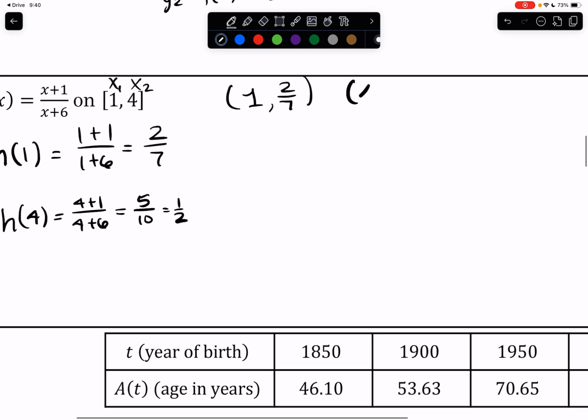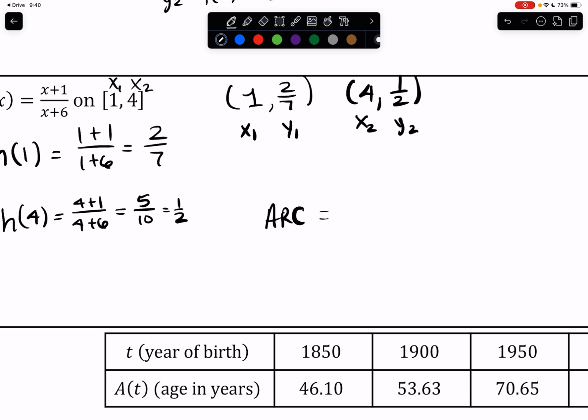So when x is equal to 4, the y value is 1/2. So this is my x1, my y1, my x2, and my y2. So to figure out the average rate of change, we use again our slope formula, y2 minus y1 over x2 minus x1.